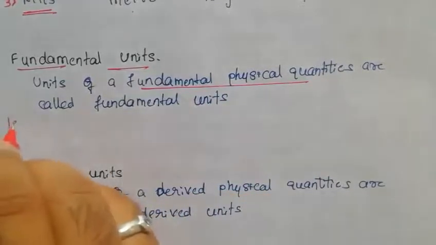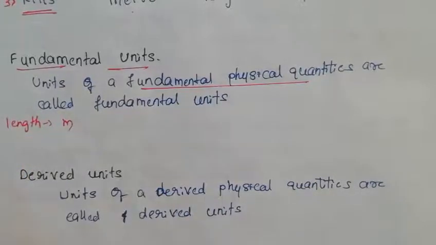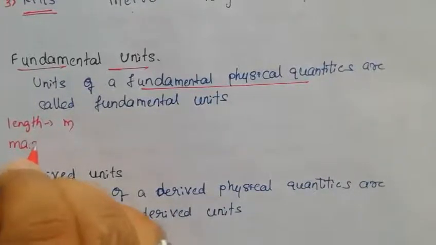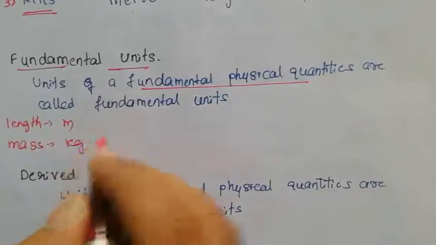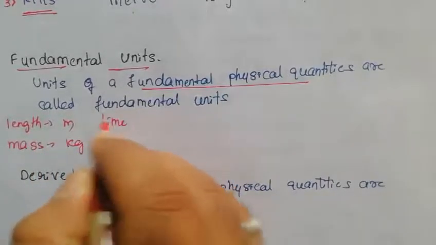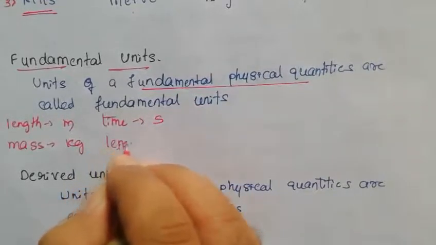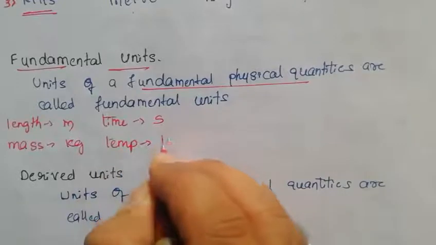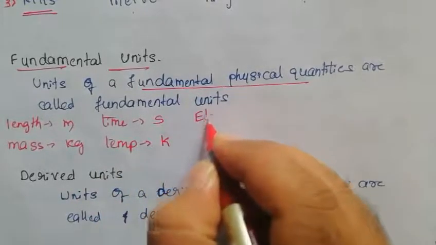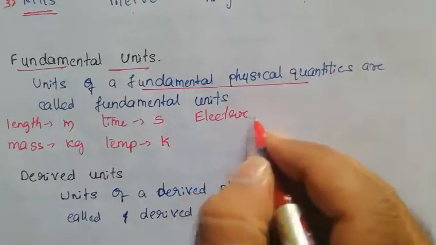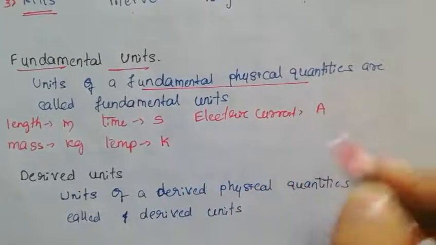Example, length. Length we express in meter. Mass we express in kg. Next, time. Time we express in second. Next, temperature. Temperature we express in Kelvin. Next, electric current we express in ampere.